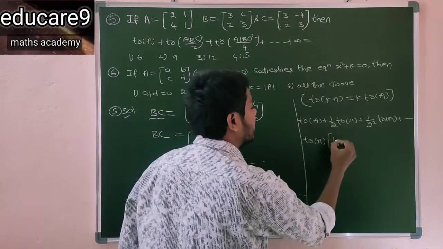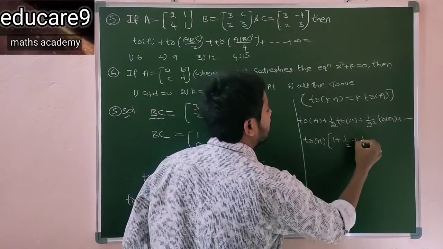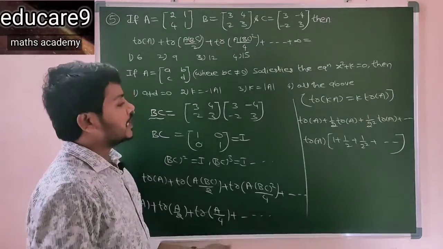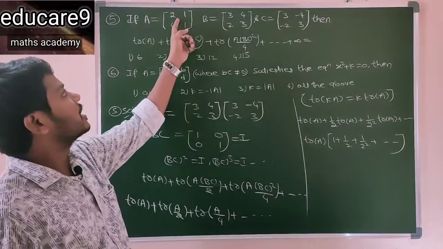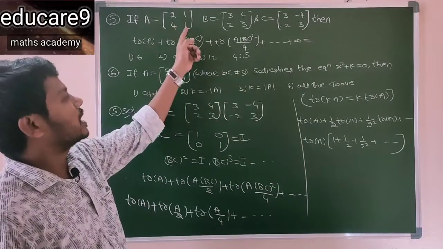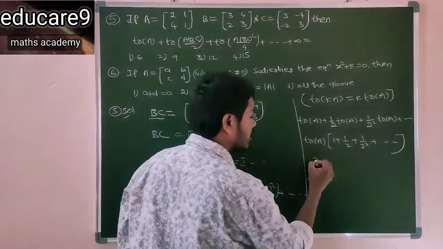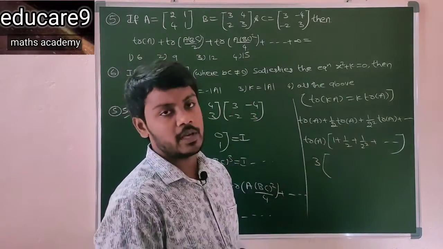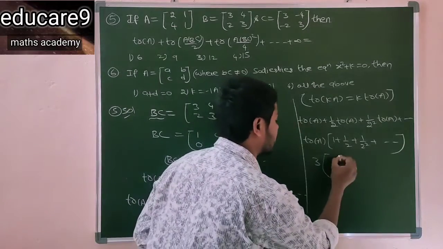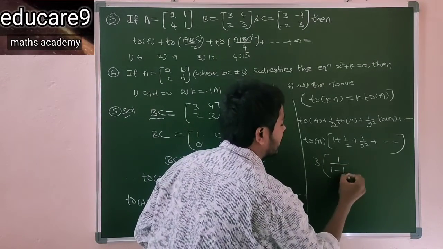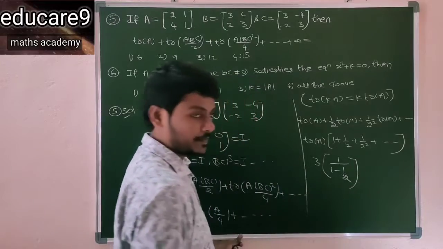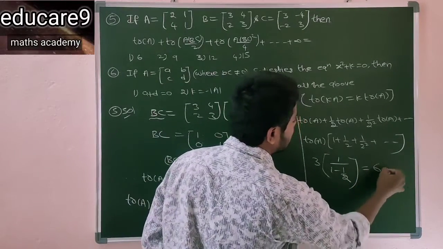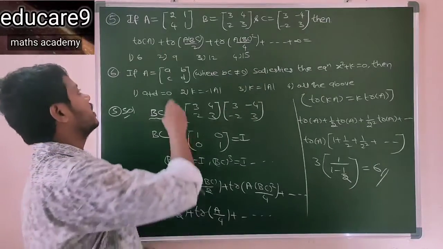So what you get? 1 plus 1 by 2 plus 1 by 2 square and so on. So what is trace of A? Trace of A is 2 plus 1, that is 3. And here the sum of the infinite terms is in GP. Therefore that is a by 1 minus r, 1 by 1 minus 1 by 2. So clearly this is 6. So clearly option 1.